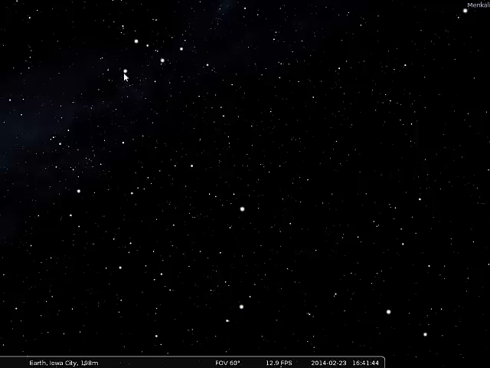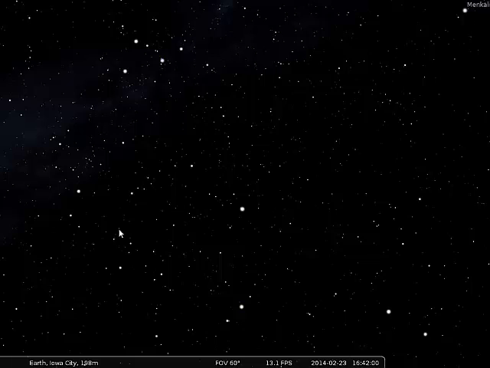So that looks to be about a third of the way. So I'd say for Beta Caph it's about 2 hours sidereal time.